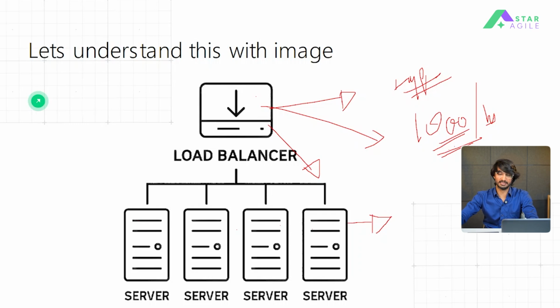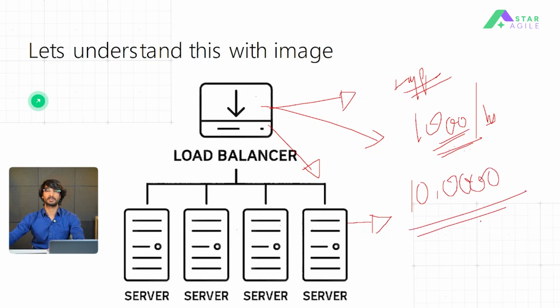So let's consider that you get 1 million requests on this particular day. Do you think only these many servers can handle this? No, they can't. So eventually these servers will crash, one by one they will start to crash, and Flipkart won't be able to take up the load.